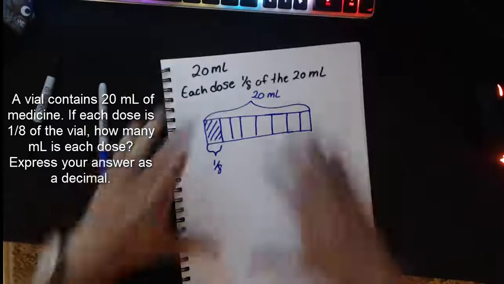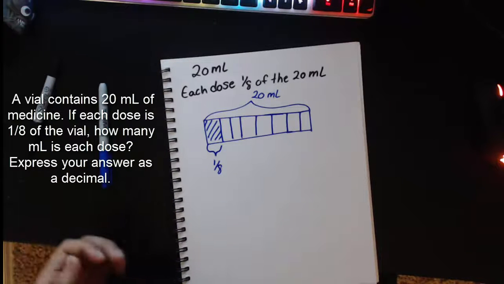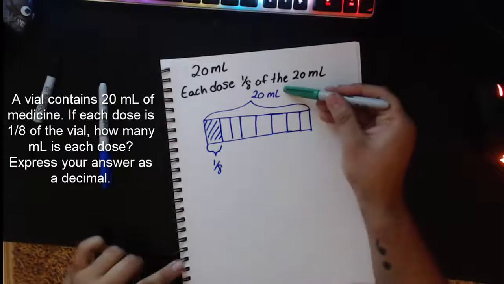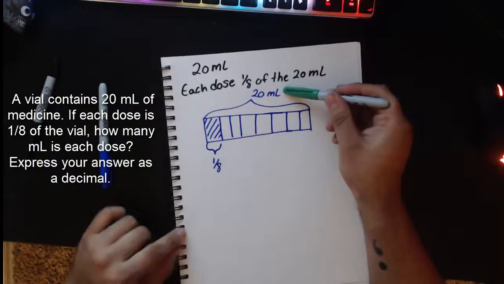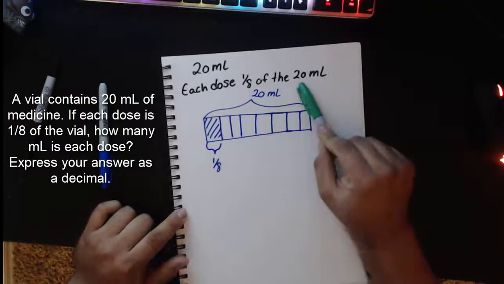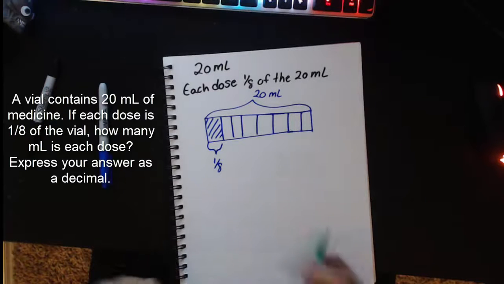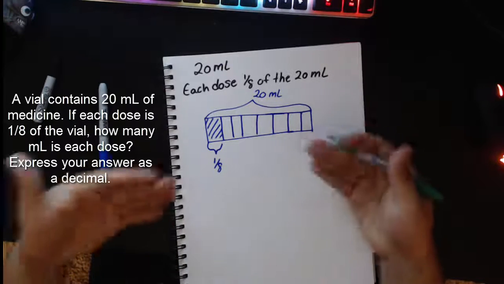Now that I've drawn something to represent what I'm talking about, I'm going to read the question one more time. A vial contains 20 milliliters of medicine. If each dose is 1/8 of the vial, or the 20 milliliters, then how much is in each dose? So let's try it.